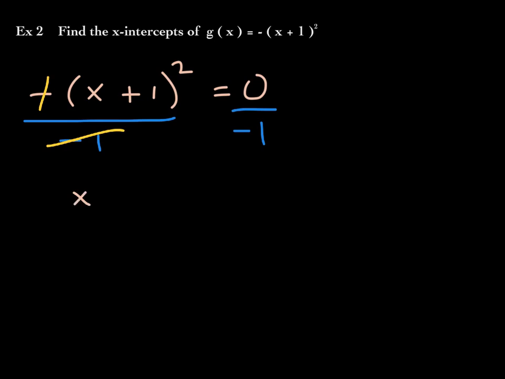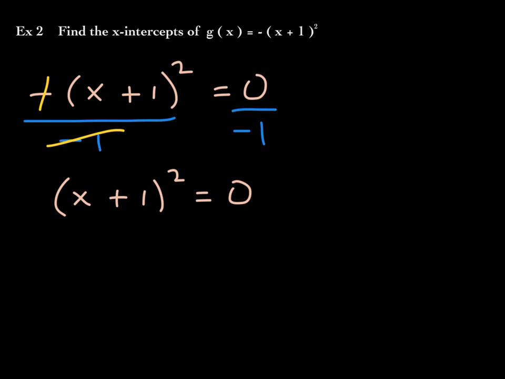I'm left with just x plus 1 quantity squared is equal to 0, because 0 divided by any non-zero number is just 0. Now, what I would like for you to do is to undo or eliminate this squared expression, or this exponent of 2. What will do that for you is taking the square root of both sides.